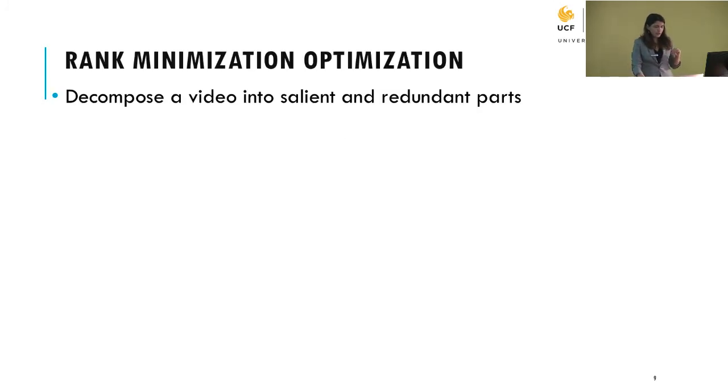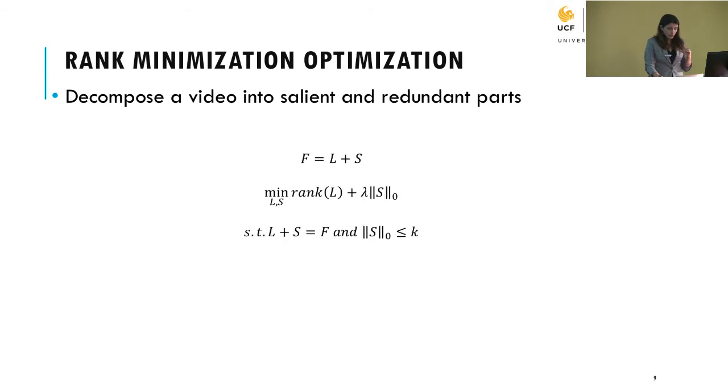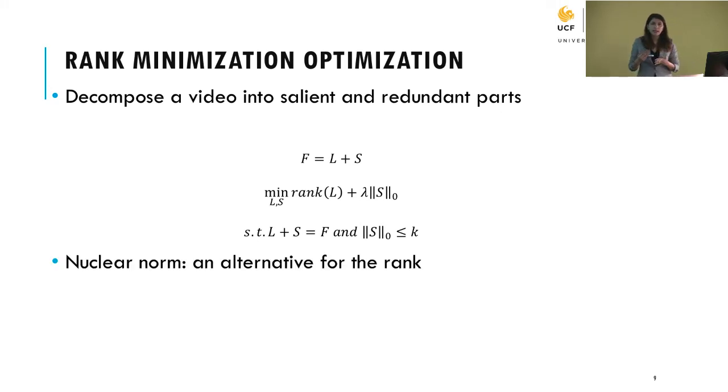For rank minimization, we want a feature matrix that we can reconstruct as low rank plus sparse. Minimizing rank is an intractable problem, and also there is no efficient algorithm to solve the L0 norm.